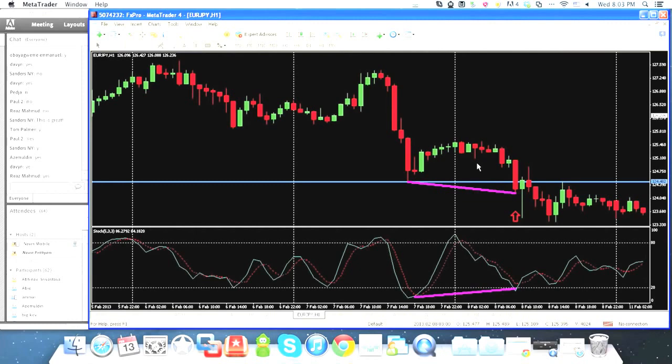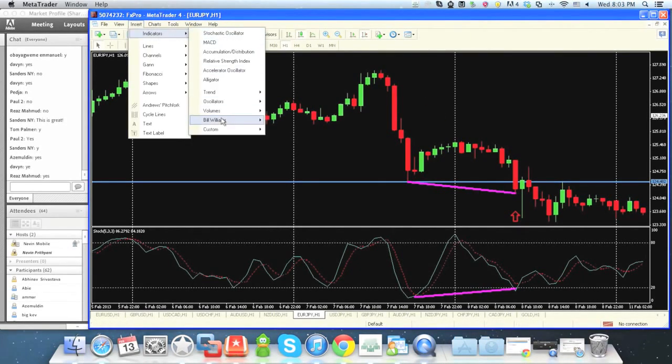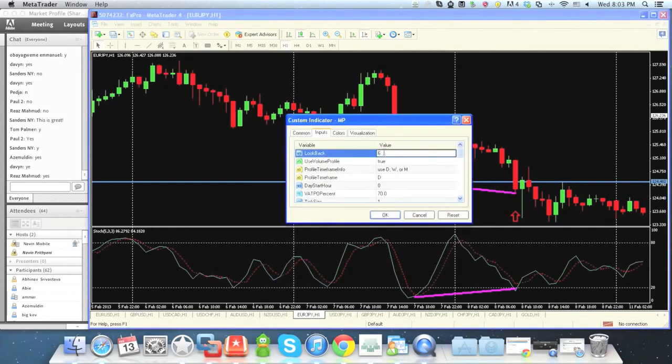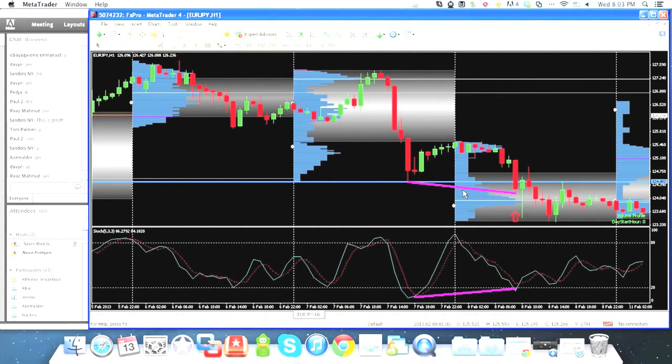Okay, second thing, now that you have this, you're going to check this with your MP and see where is your area to enter. Okay, at this point, when this happened, how much strength is there on MP? Look at that. That's pretty big, right? When does MP actually get slimmed down? All the way down here in this area.